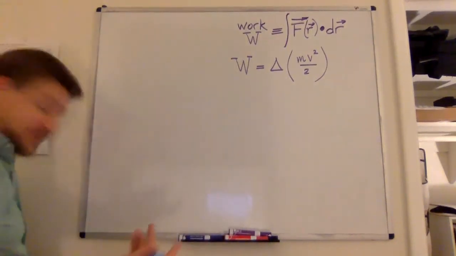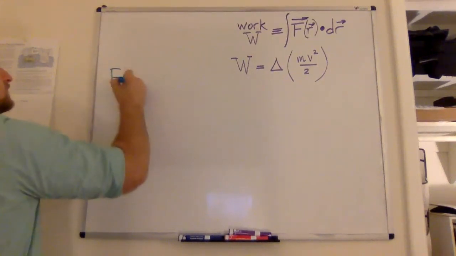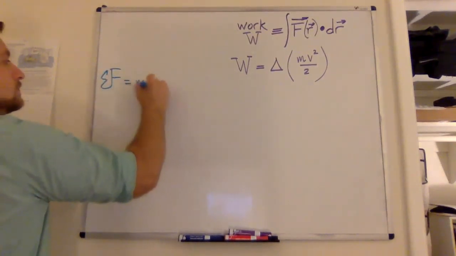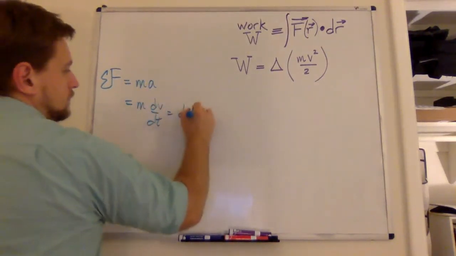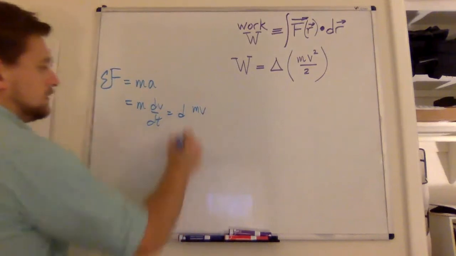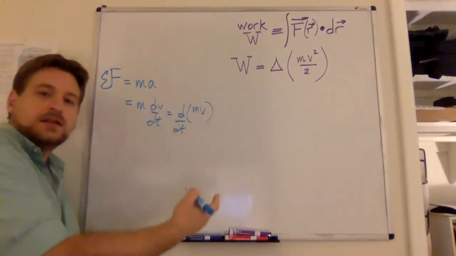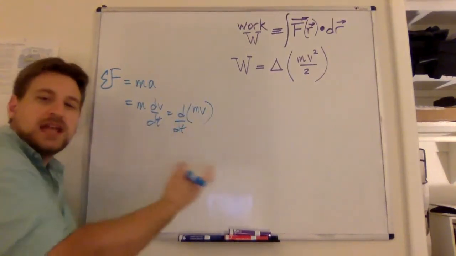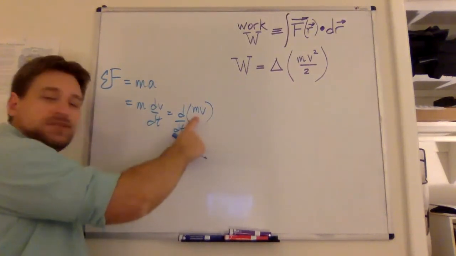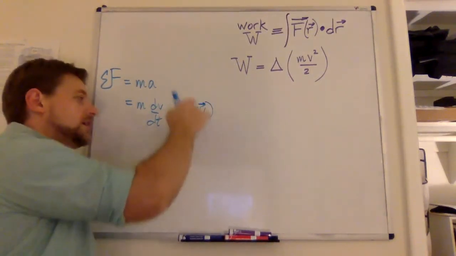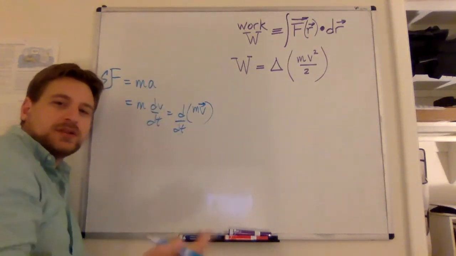I feel like I've played this game before. When we were talking about it, we ended up with mv in a differential expression. We said, hey, let's call that a thing. Let's call that momentum. This quantity tracks how much matter and how much motion in what direction.